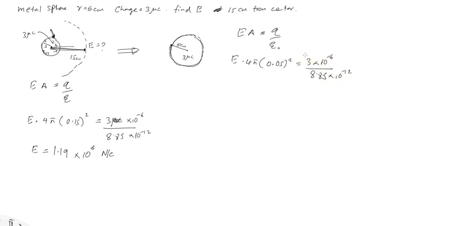Do the math, pause again. I get 10.7 times 10 to the 6 newtons per coulomb, or 1.07 times 10 to the 7 newtons per coulomb.